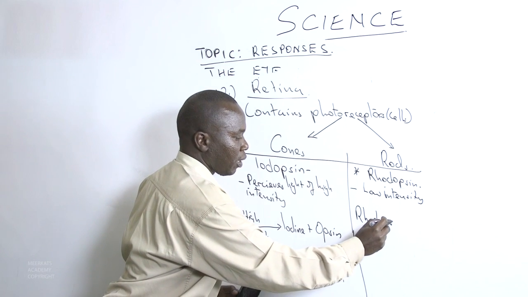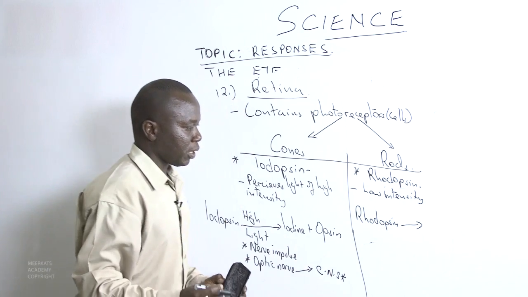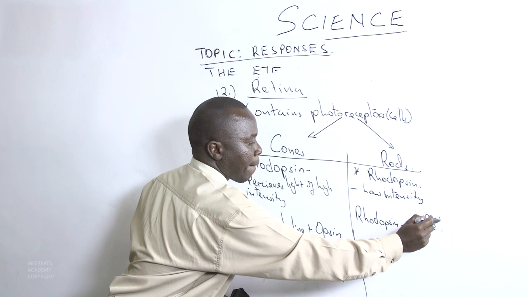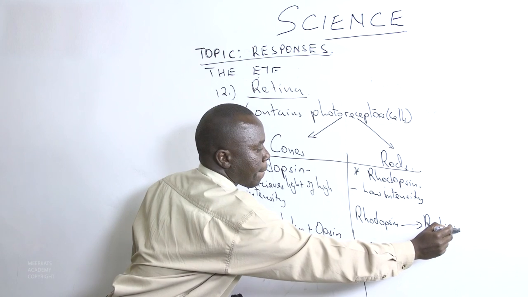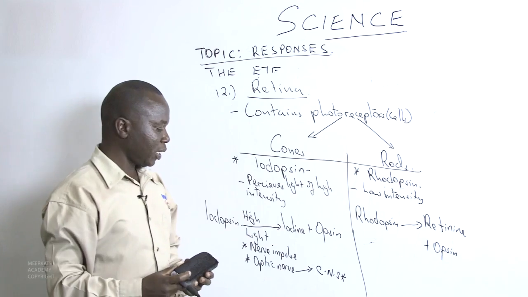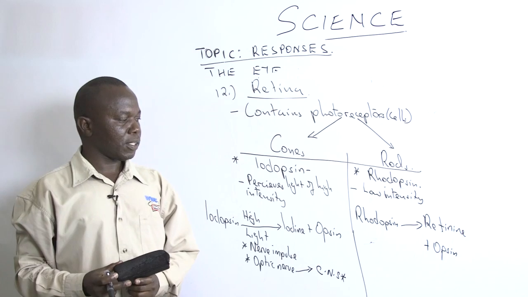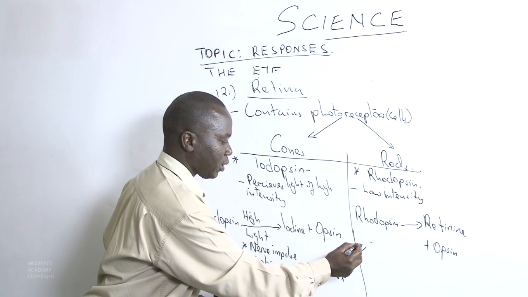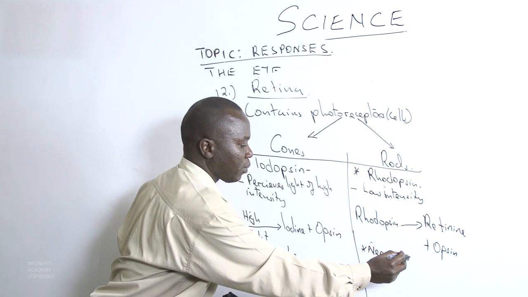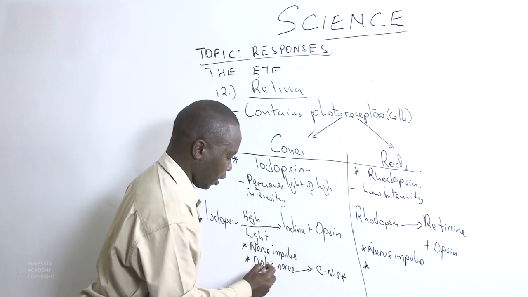Rhodopsin will degenerate into two substances, retinine and opsin. In the same way, when rhodopsin degenerates into retinine and opsin, a nerve impulse is generated. That nerve impulse will go again through the optic nerve.